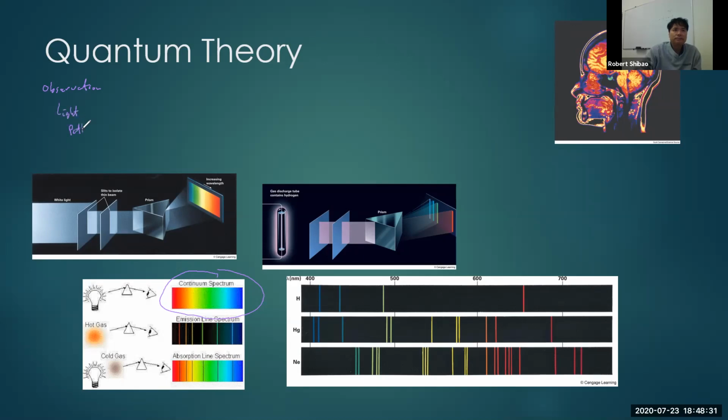And then we see the patterns, a mathematical pattern. And that mathematical pattern we can get as a law, the Rydberg law. The Rydberg law is just an equation.